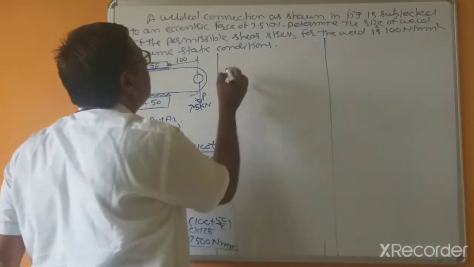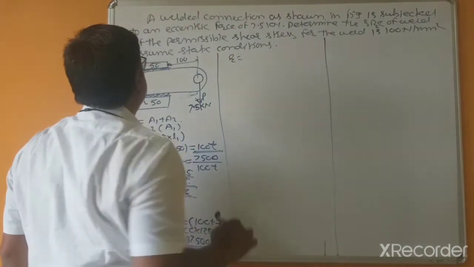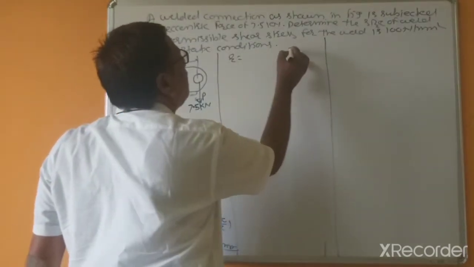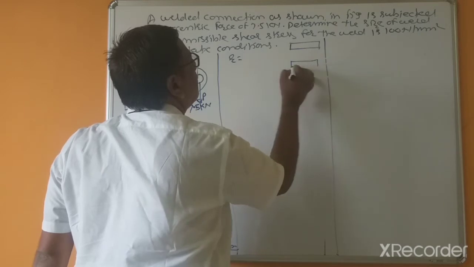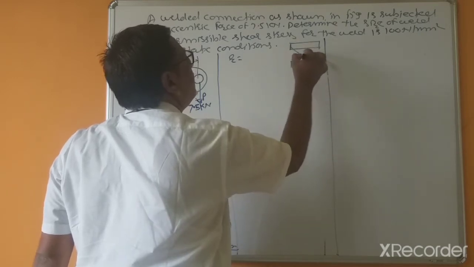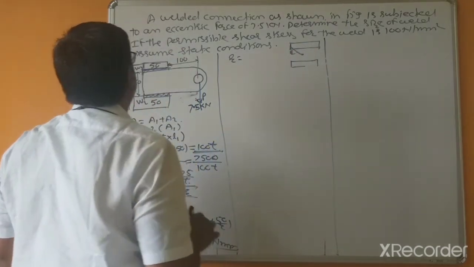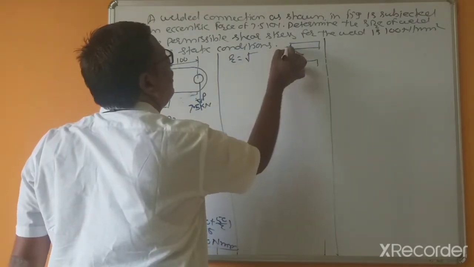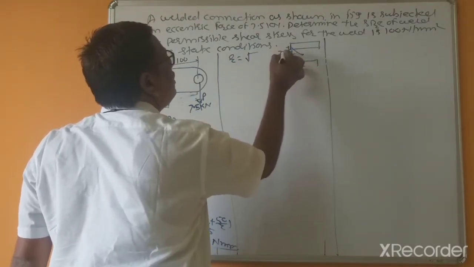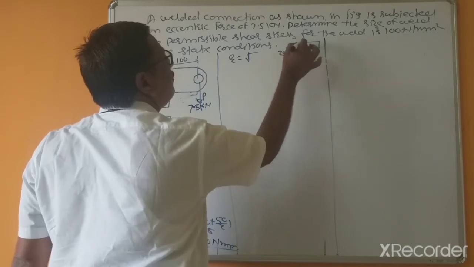R is the farthest distance. So how can you calculate R? This distance is R, and this is 25, this distance 25 and this distance 25.